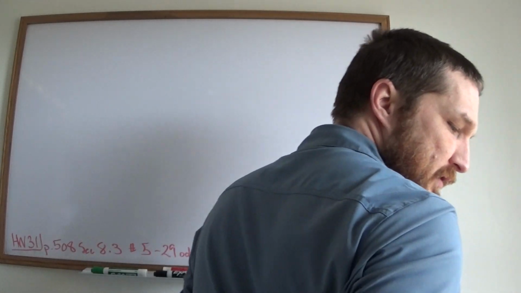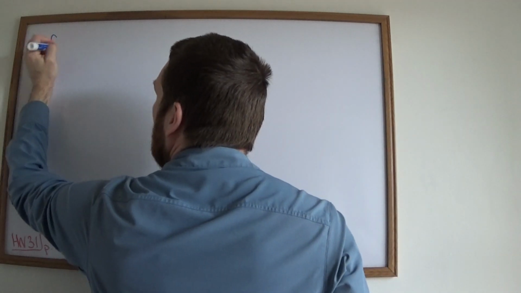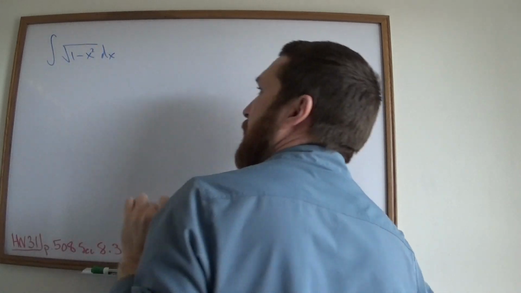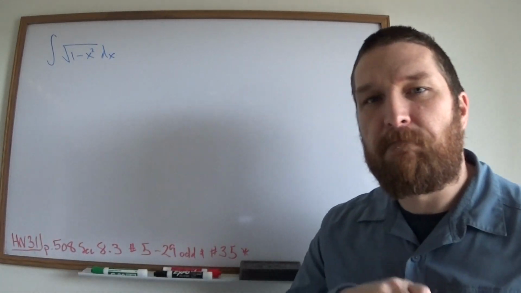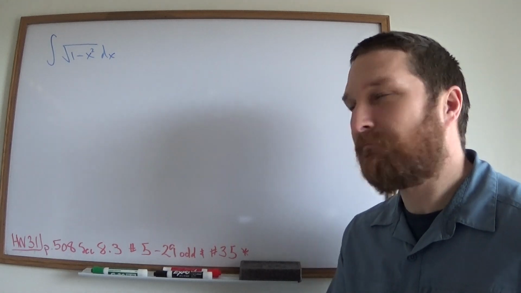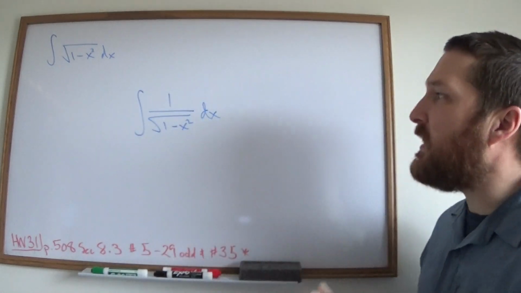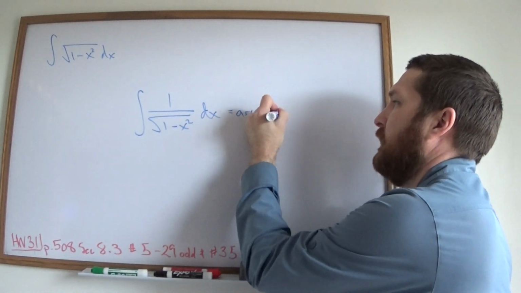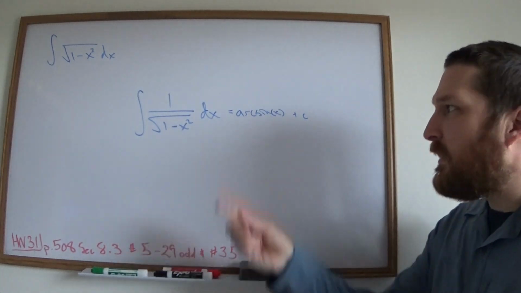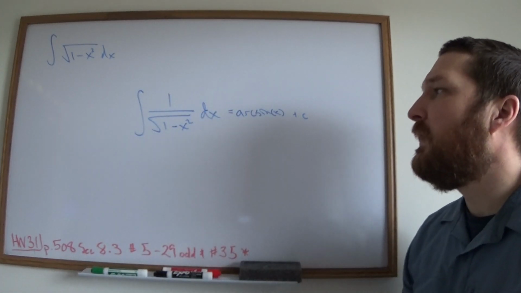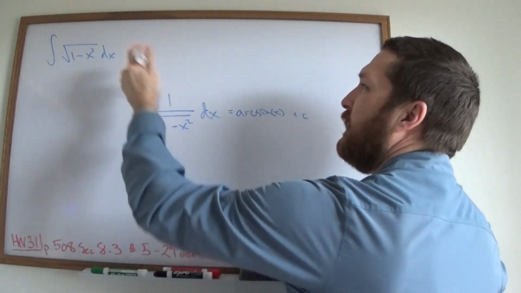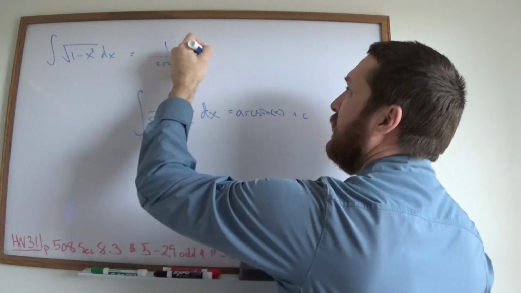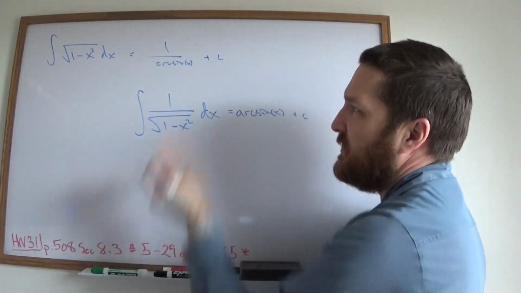Let's compute the integral of 1 over root of 1 minus x squared, dx. Pause the video and attempt this one. You might think, okay, I know this, this is arcsine x plus some constant. So maybe this has something to do with that. You might think, oh, since that's 1 over that, this is 1 over arcsine. And you're absolutely wrong if you try that. Let's just take the derivative of this.